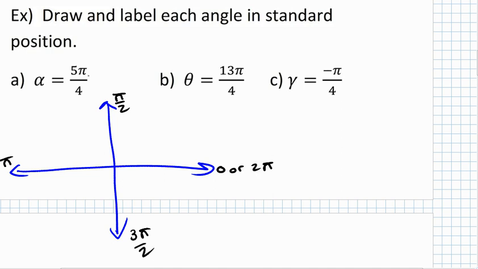Well, 5 pi over 4, remember 5/4 is a little more than 1, but it's not more than 3/2. So I know 5 pi over 4 has to end up somewhere in the third quadrant here. And that would be my angle that I have. This is a 5 pi over 4 in radians angle.